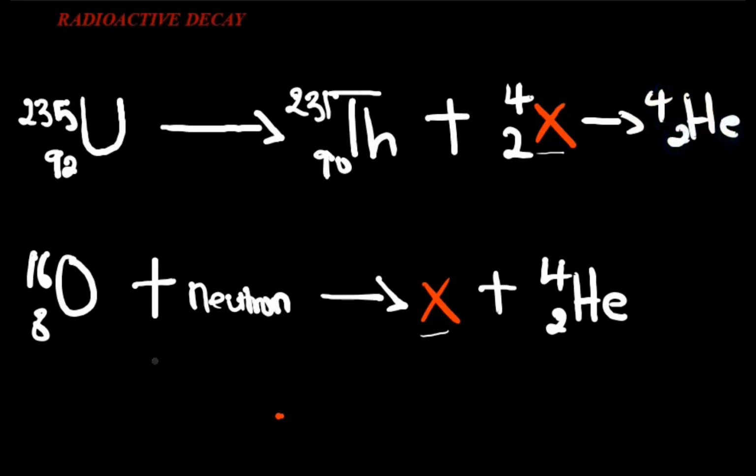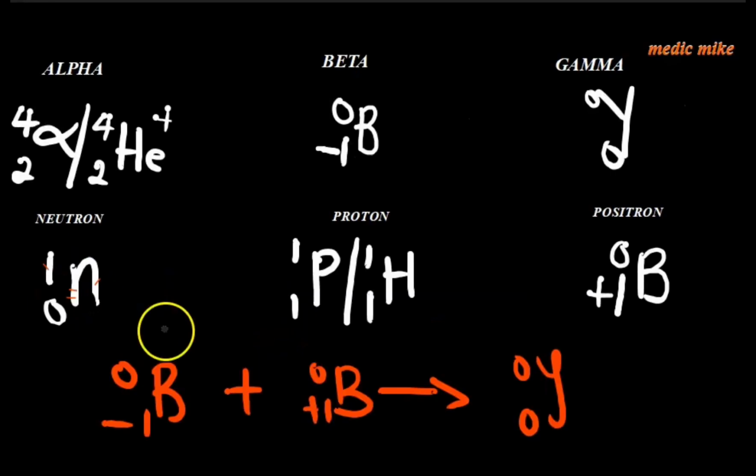The next one we have here is oxygen plus a neutron particle, which will give us an element which emits helium particles, or alpha particles rather. So the first trick here is to know what a neutron particle is. And according to the fundamental knowledge which we laid down, a neutron particle can be represented like this.